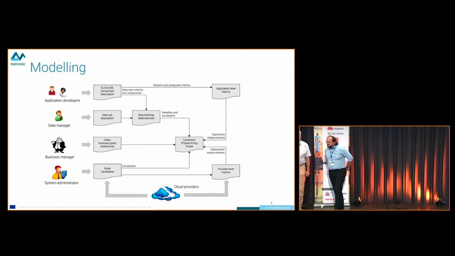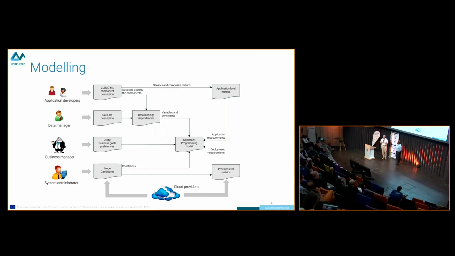Okay, thank you, Konrad. So what we do is that we base this on modeling the application, modeling the infrastructure, modeling the data, and modeling the deployment options. Now, this is quite a complex task, and as you know, this will involve many different types of expertise. On the left-hand side, we see the different roles that are participating in these models.